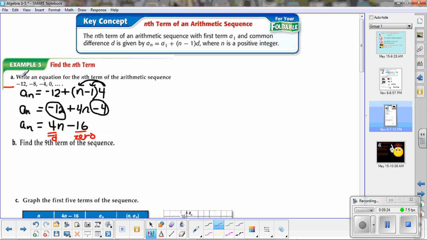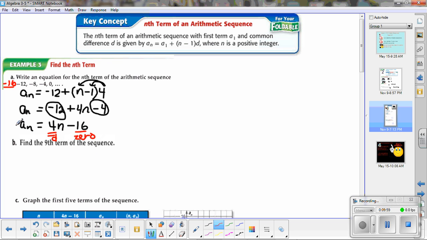This right here, the one that would come before it, the zero term, if I was adding 4, if I want to go backwards to the one that came before it, I would subtract 4 from negative 12 and I get negative 16. Notice that number that would come before the first term is what goes right here. And since it was negative, it's minus 16. And again, the common difference, or what you are changing it by each time, is what goes in front of n.